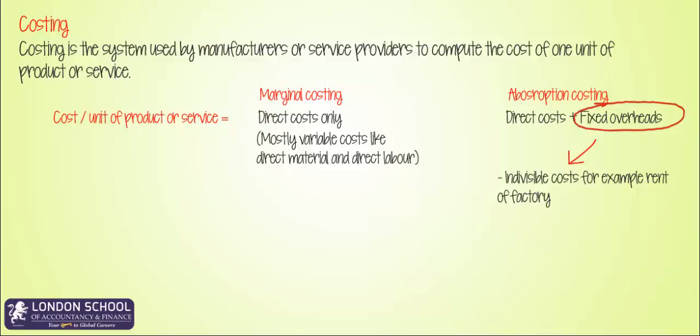We cannot divide that figure. I cannot say that because this time I have not produced as many units, I'm going to pay less rent. That's not going to work. I'm always going to pay a fixed amount of rent no matter how many units I produce in the factory. So the factory rent is an indivisible cost.